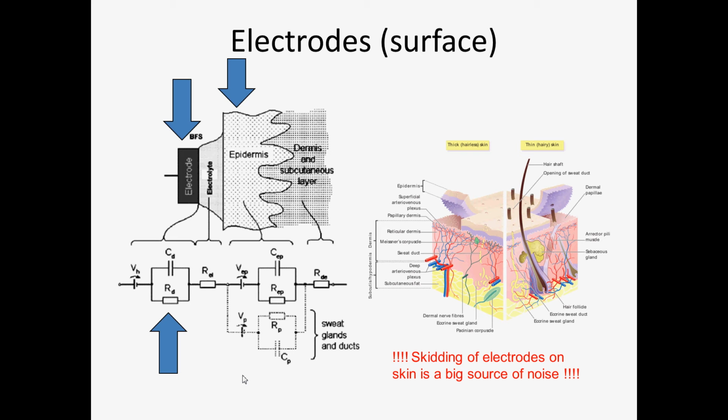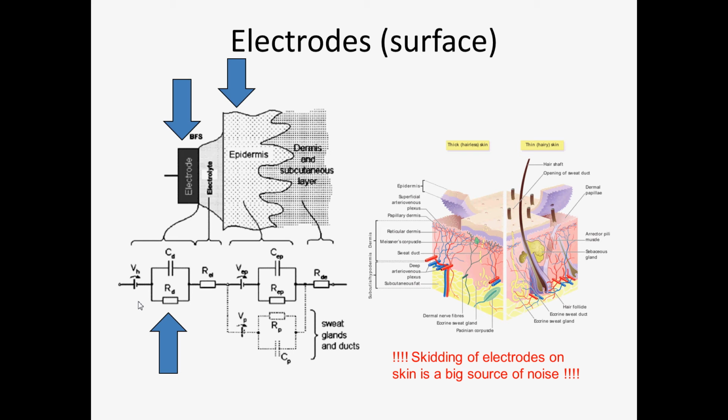You generate either a reduction or an oxidization at the interface with the electrode. And that's the reason why in all the models you have at least one voltage source, which represents the half-cell potential of that specific electrode material.